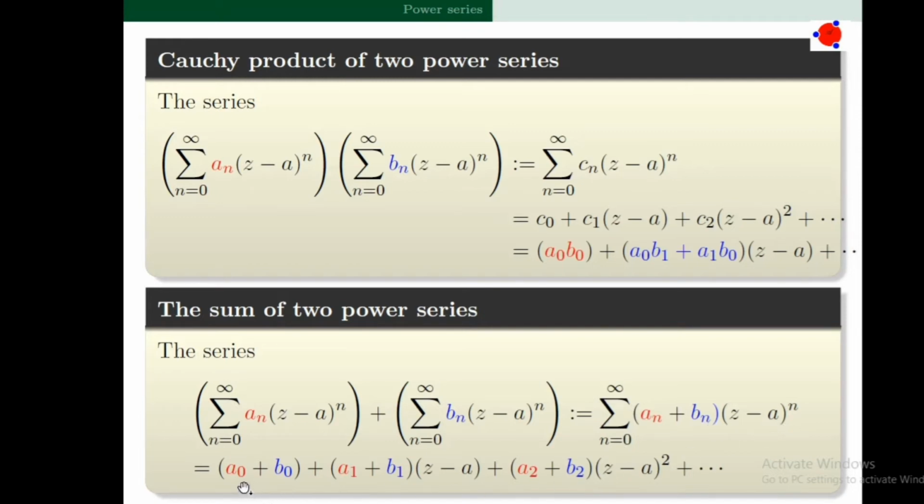That is the series (a0 plus b0) plus (a1 plus b1) into (z minus a) plus (a2 plus b2) into (z minus a) squared plus etc. And this series is called the sum of these two power series.